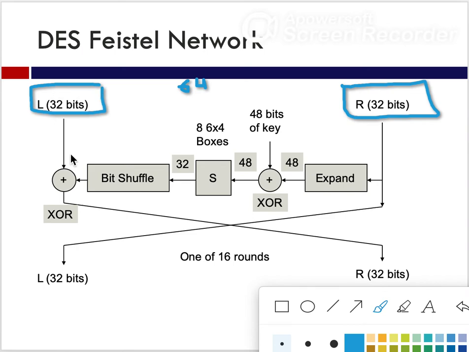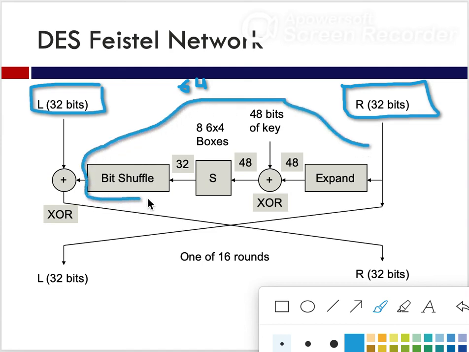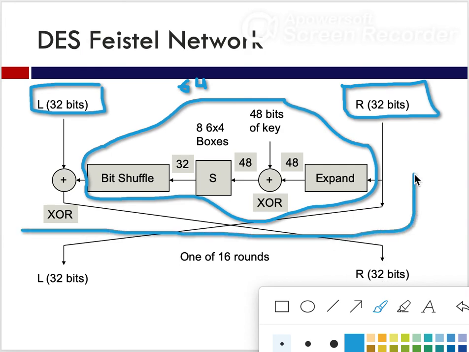You take the left half, and we perform these operations on the right half, and the output of these operations on the right half is exclusive-ORed with the left half to get the next round right half. So this is one round of DES overall. We take 32 bits and expand them based on some already defined permutation to 48 bit, and then we have a 48 bit sub key here.